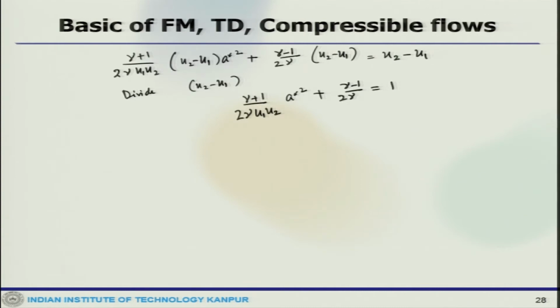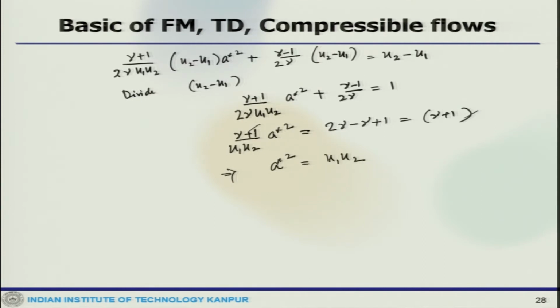Doing a little bit more maths, we get (gamma plus 1) by 2 gamma u1 u2 by a star square equals 2 gamma minus gamma plus 1, which is gamma plus 1. Once that cancels, we get a star square is u1 u2.